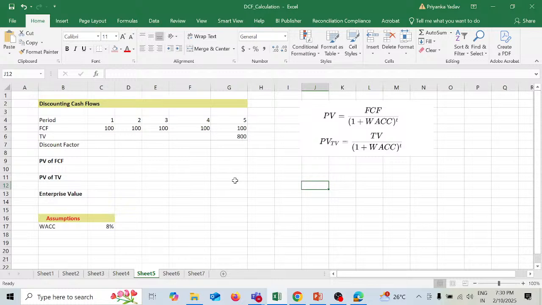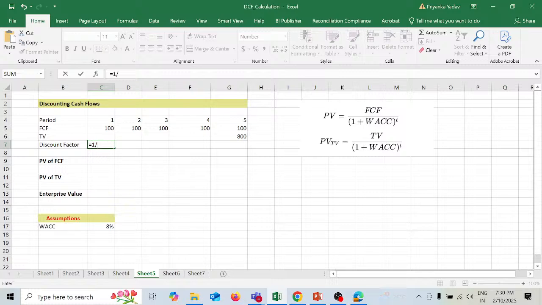Here we have to take the assumption of WACC, that is 8%. Let's first calculate the discount factor of all. So 1 divided by 1 plus your WACC.